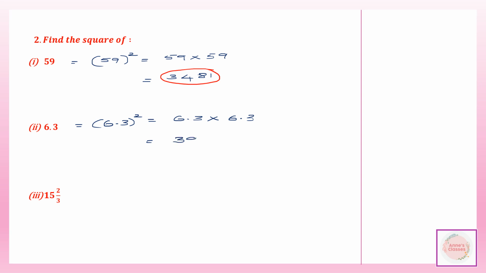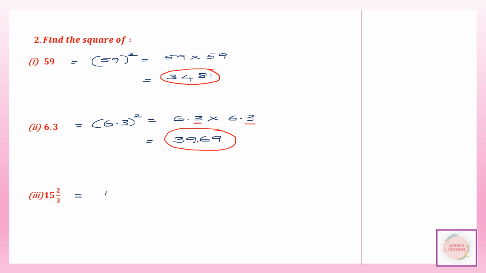You get 3969, and then we go back to the question and look at the decimal places. Here there's one decimal place and here there's one decimal place. There are two decimal places. That means in your answer also there should be two decimal places. So the point will come here. Our answer is 39.69.